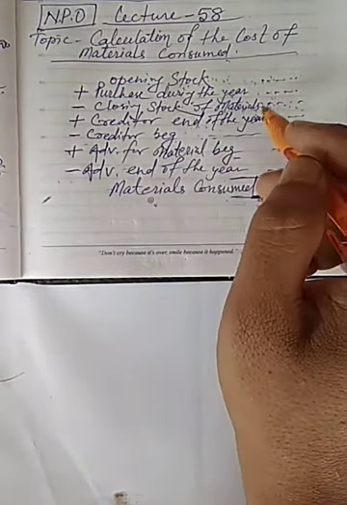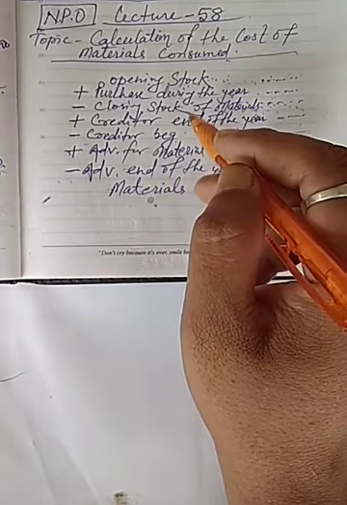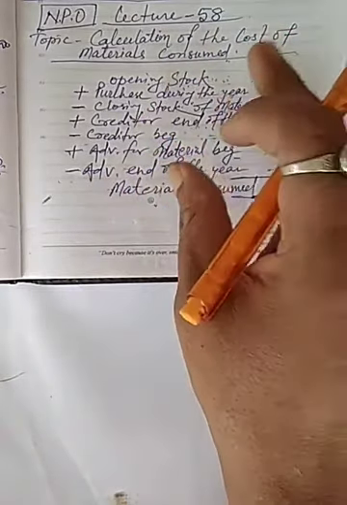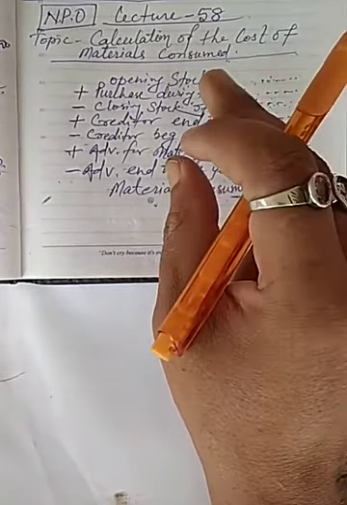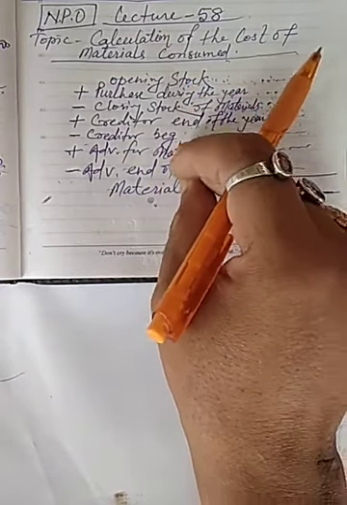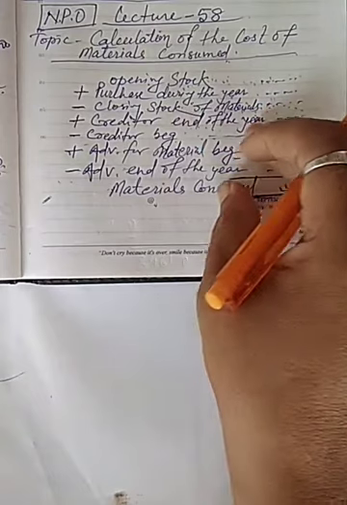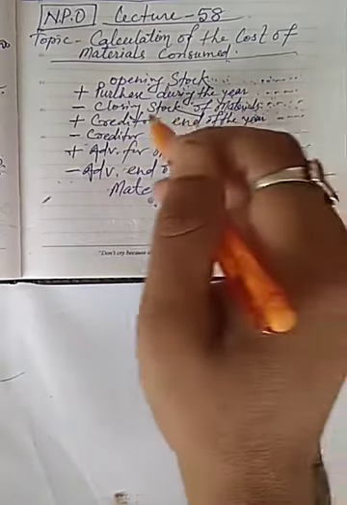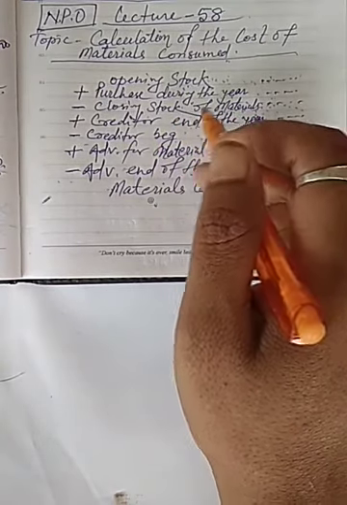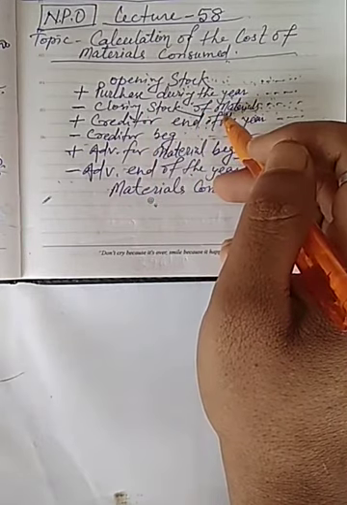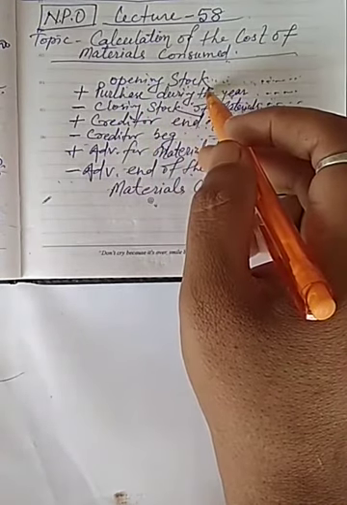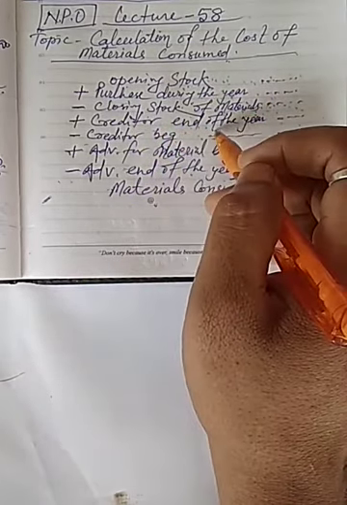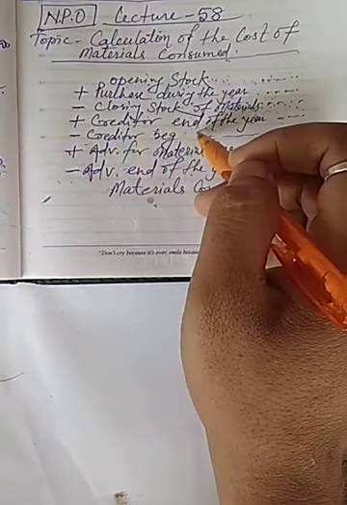And all the calculation will be shown on the expenditure side of income and expenditure account, and also in balance sheet. Closing stock will be shown on the asset side of closing balance sheet. Opening stock will be shown on the asset side of opening balance sheet. Creditor end of the year will be shown on the liability side of closing balance sheet.